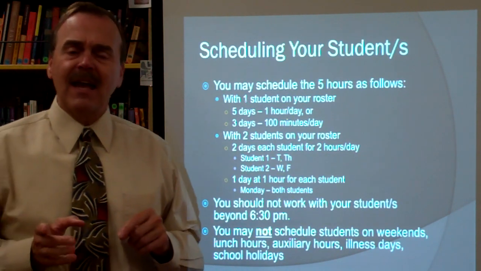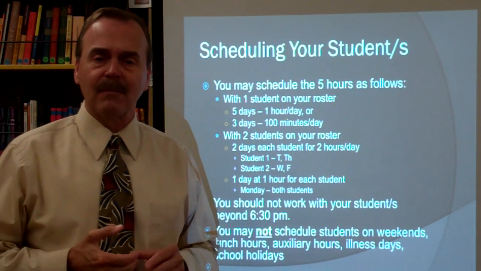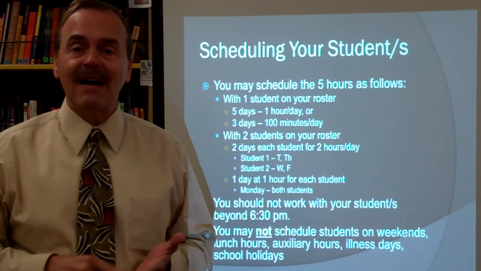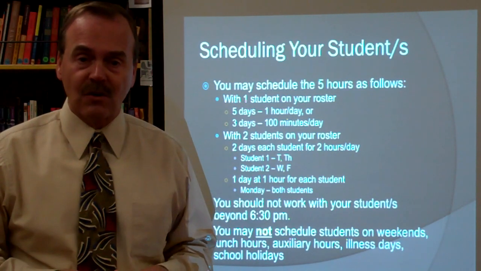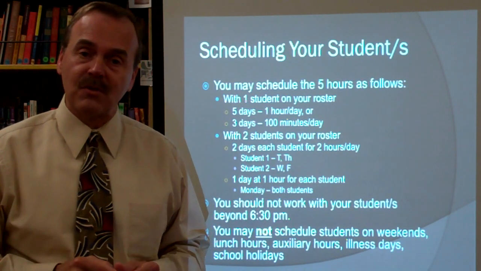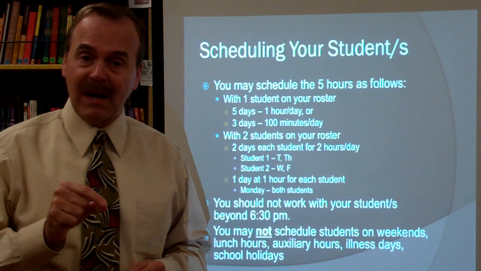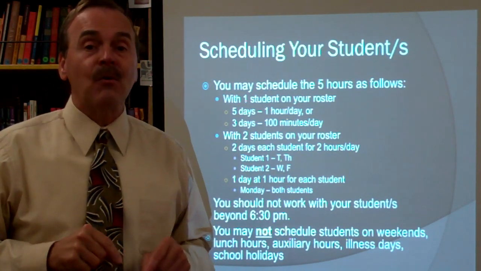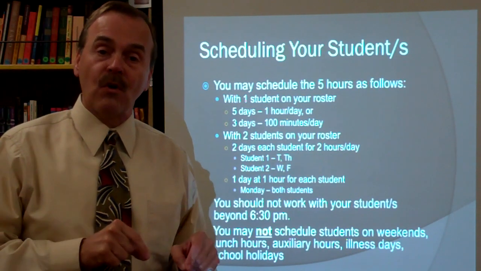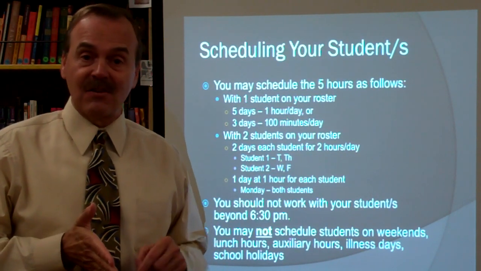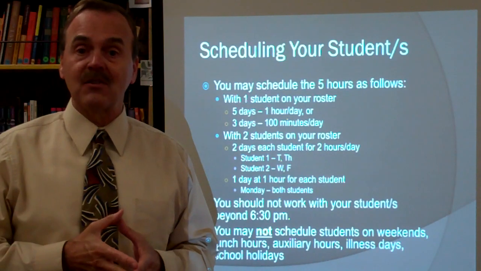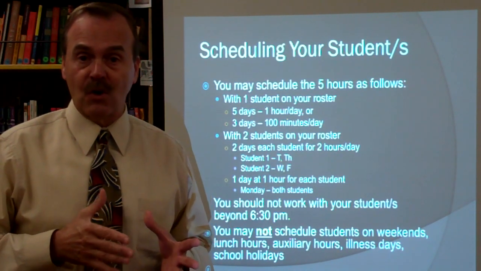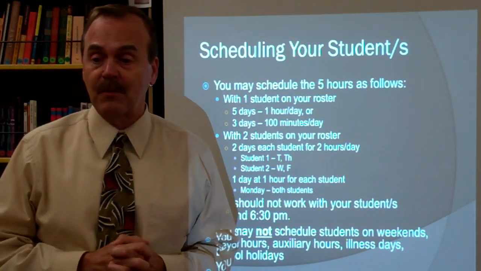And I want to reiterate because it is very important: you are never, ever, under any circumstances, to be in a student's home without a responsible adult over the age of 18 also there. I don't care even if the student that you're working with is 18 or 19 years of age. You must have an adult over the age of 18 who's responsible.